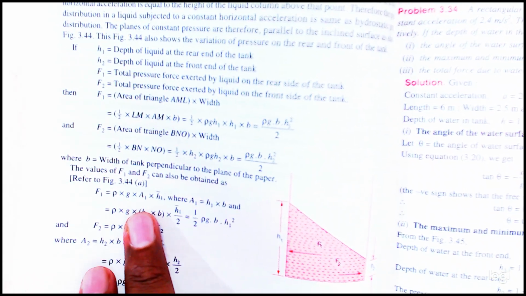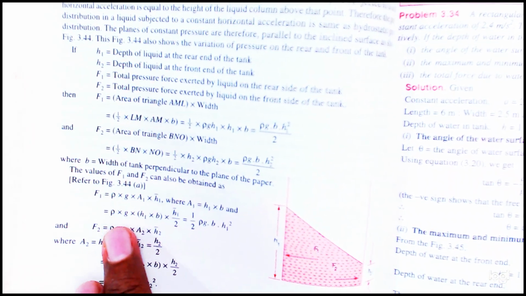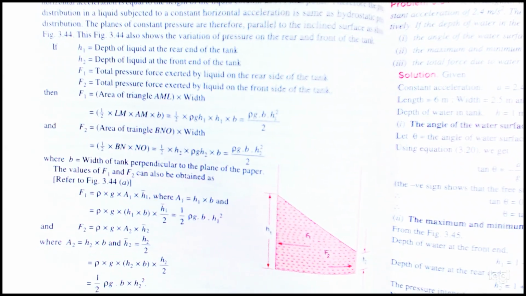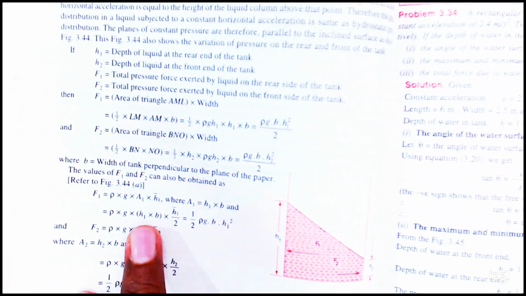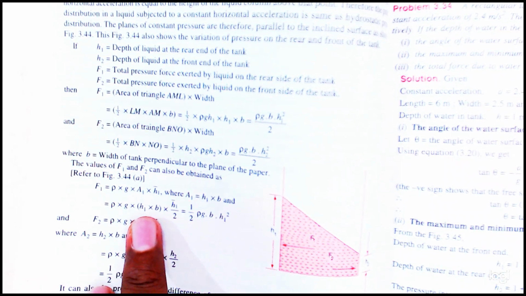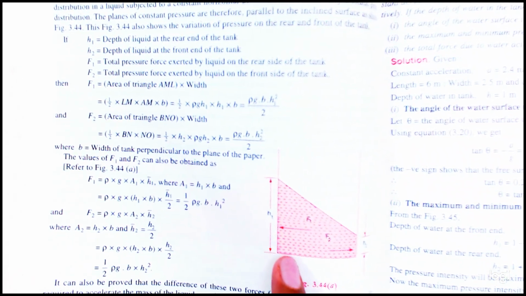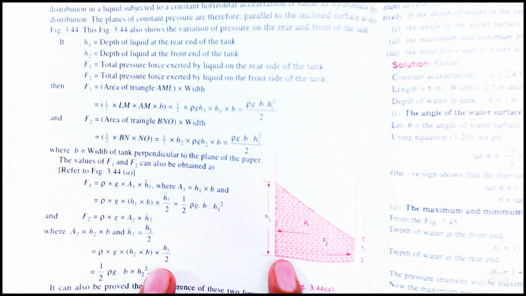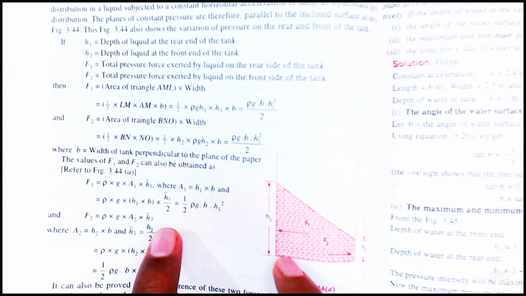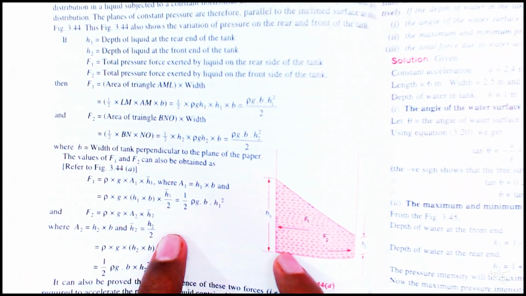So from here it is saying that the values of F1 and F2 can also be obtained, as in 3.3a. So F1 is equal to rho G H1 bar into A1. A1 is equal to H1 into B, correct? And this H1 bar is equal to what? H1 bar is equal to H1 by 2, it is considering.